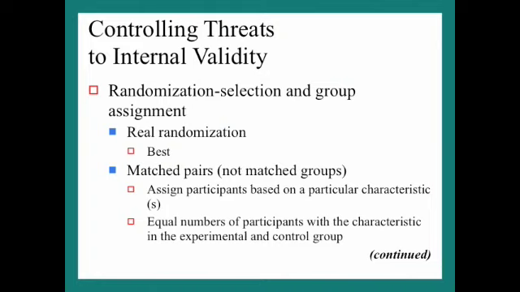The other critical thing is that we want to have equal numbers of participants with that characteristic in the experimental and the control group. As a reminder, the number that we probably want in each one of our groups is about 30. We want to have about 30 subjects in each group. So if we have a study with 3 different groups, we need to have a total of 90 subjects with 30 subjects in each group.